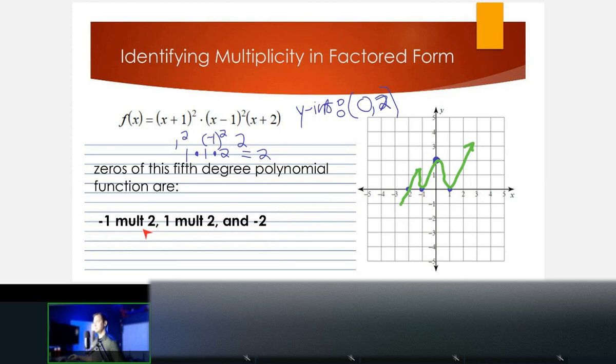Yeah, no, that's right. And then negative 2, multiplicity 1, right? And then the end behaviors look pretty good.